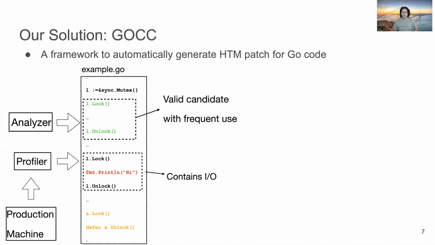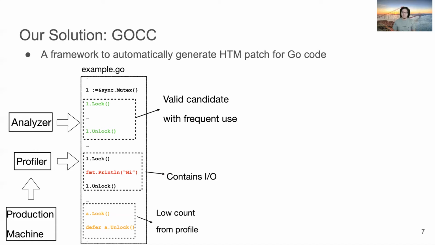On the other hand, if we have profiles available from the production machines, we can also minimize the code change and focus on the frequently used code. For instance, for this orange code, maybe we can say, okay, it's a valid candidate.